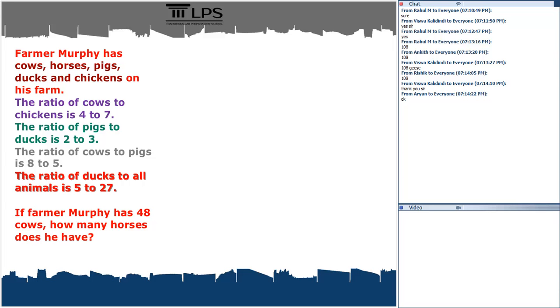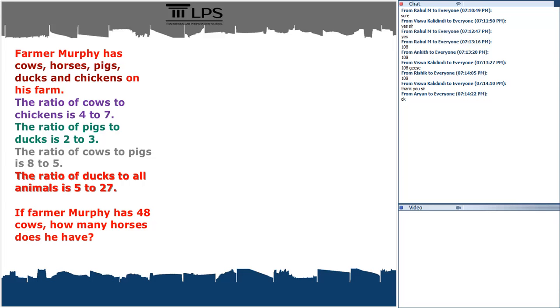Now let us look at the information. The ratio of cows to chickens is 4 to 7. Now that I have introduced you to the concept of ratios, you know what this means. It simply means 4 divided by 7, or 4 is to 7, or 4:7.